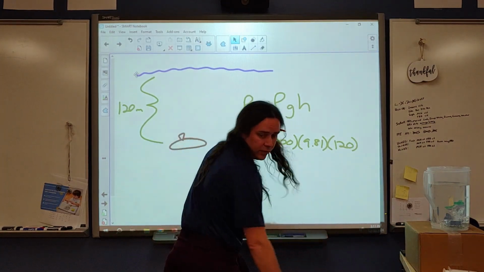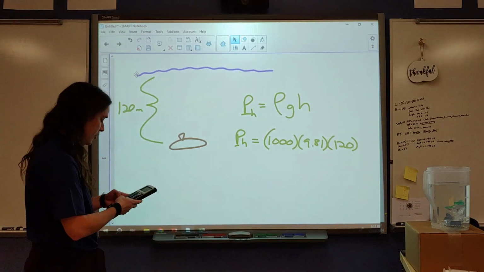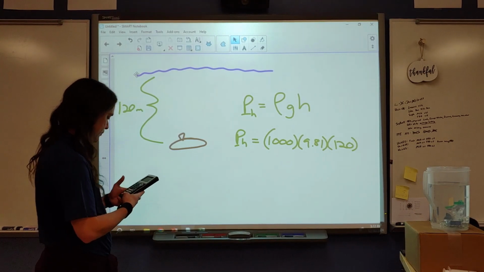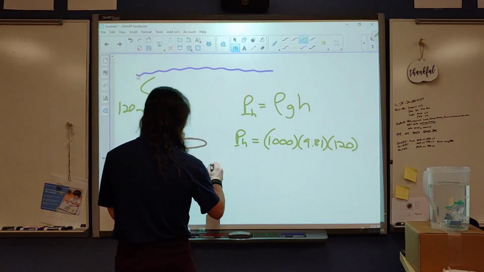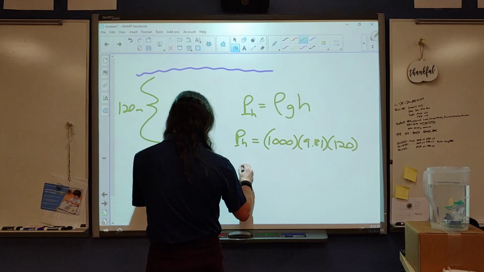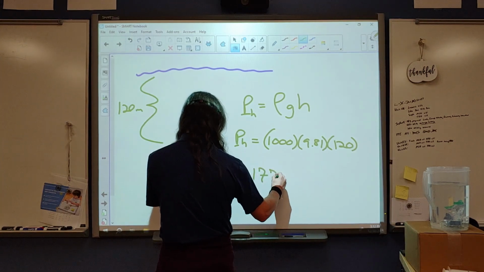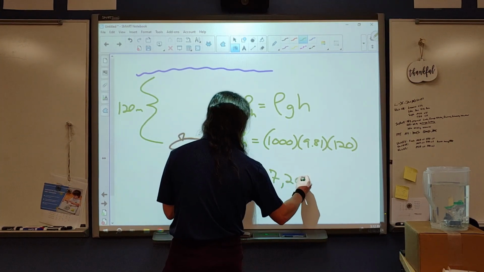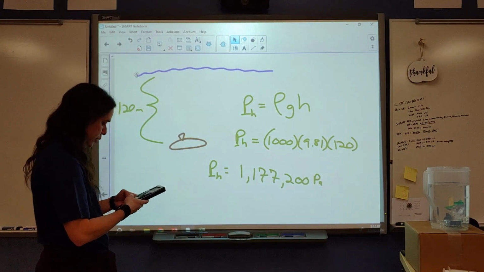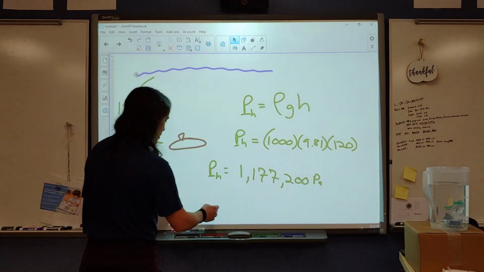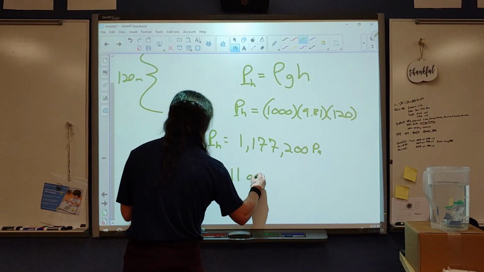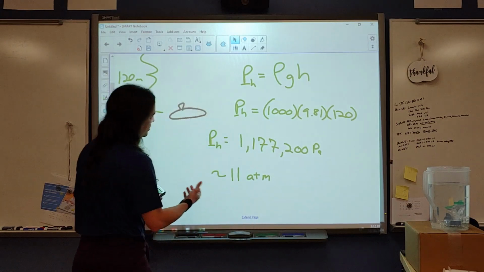So I multiply all of these out, and I get that the pressure that this thing could withstand came up to 1,177,200 pascals. Now I can divide that by 101,300, and this comes up to about 11 atmospheres, which isn't that surprising.